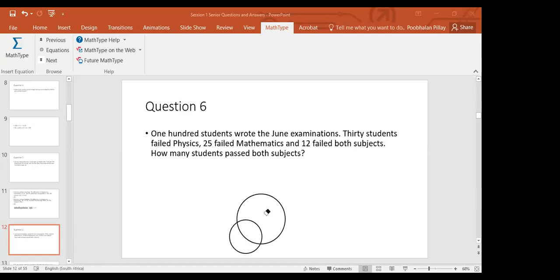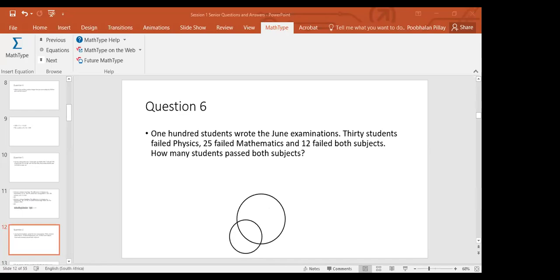And here, the people I'm pointing to, they failed physics, but they are not in this circle, so they would have passed maths. And likewise, you can make a statement here like this. All right. Now, altogether, there are 100 students.